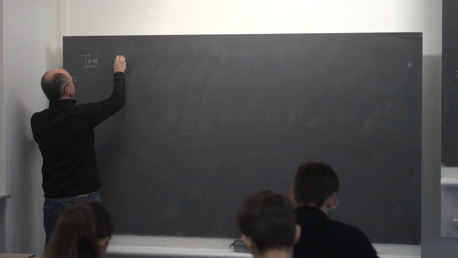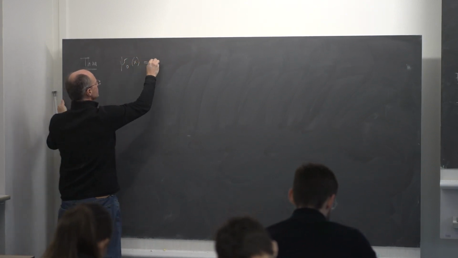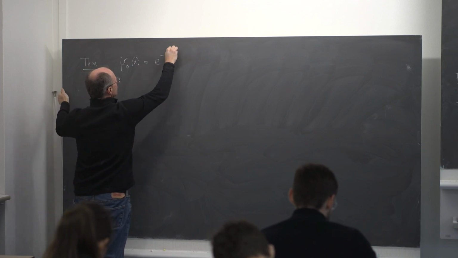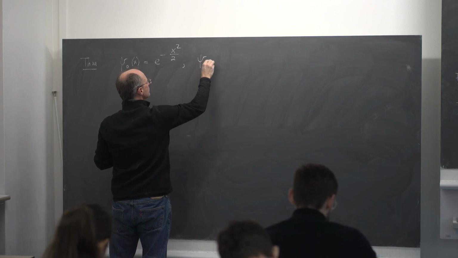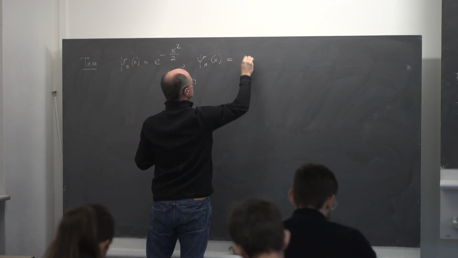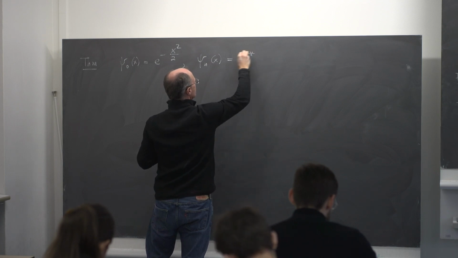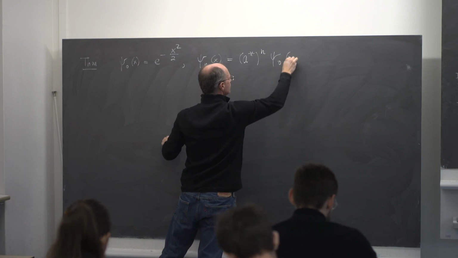Let's introduce the following notation. Psi naught of x is equal to exponential minus x squared over 2, and psi n of x is equal to a star to the power n acting on psi naught of x.